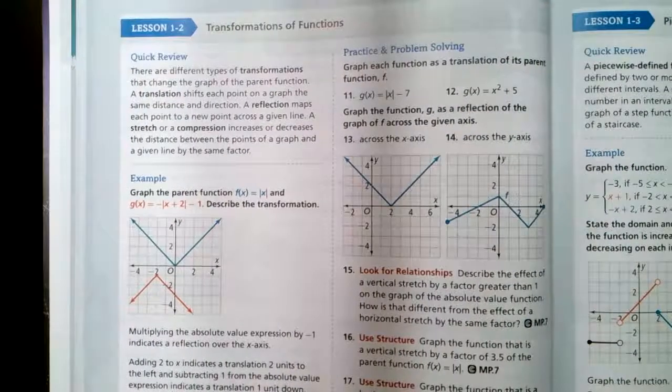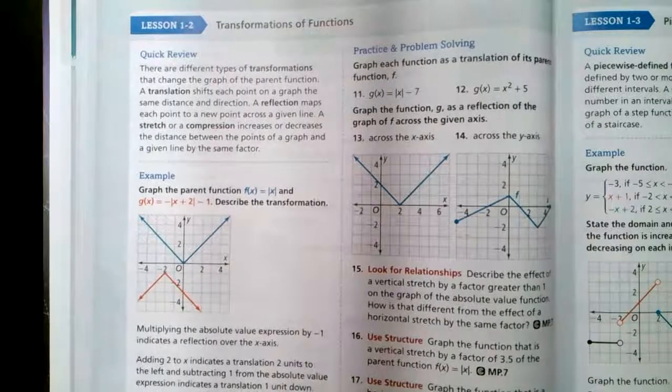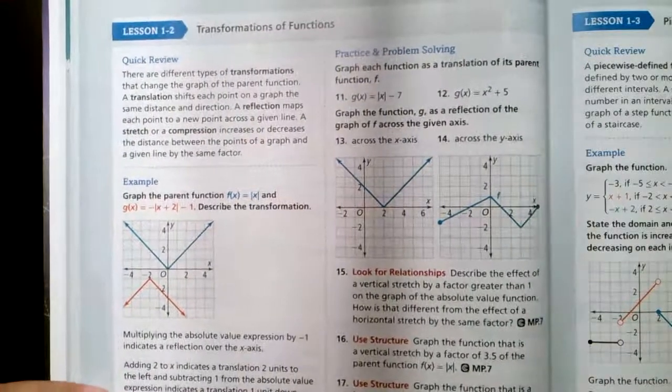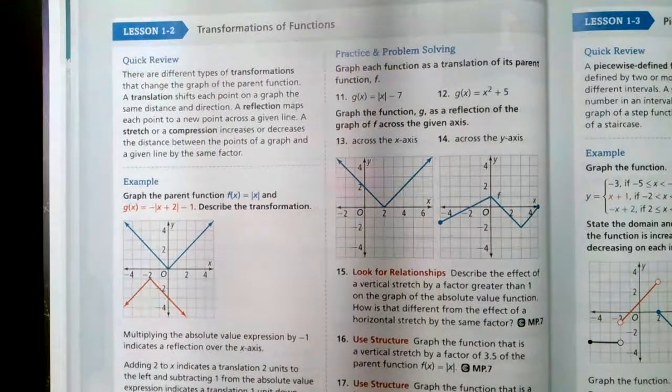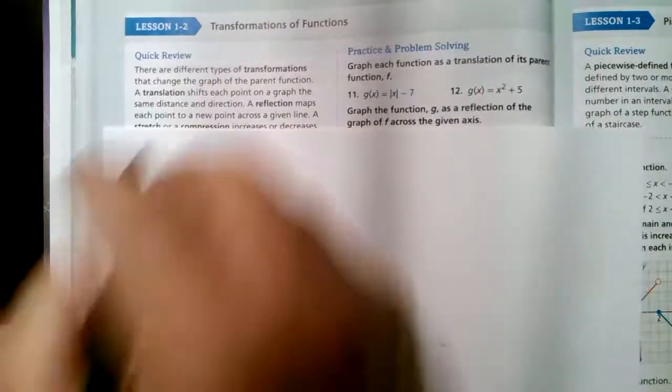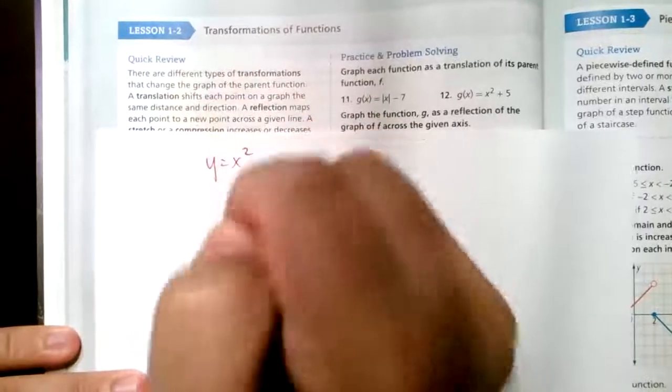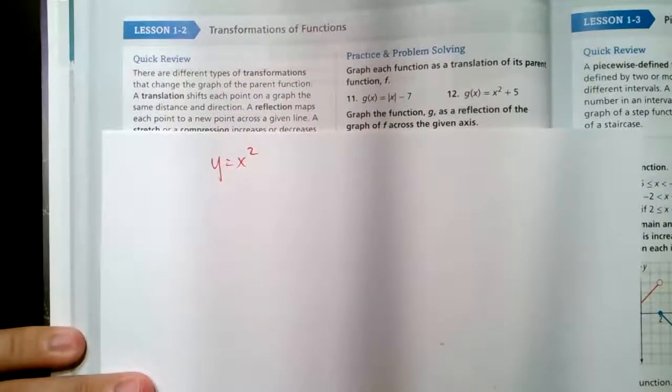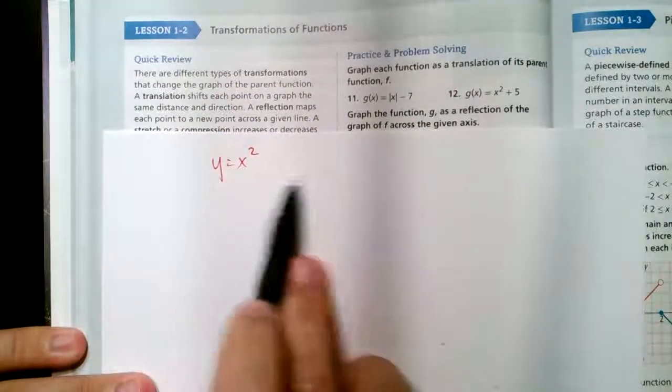All right, let's take a look at lesson 2. So lesson 2, there are different types of transformations that change the graph from the parent function. So remember, a parent function is just a basic function.